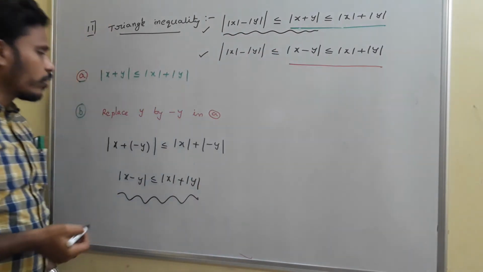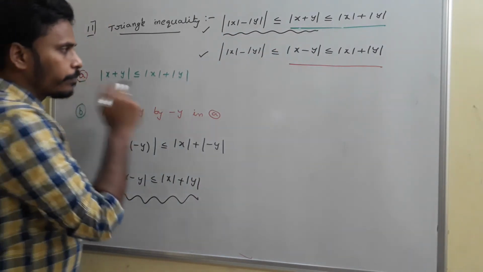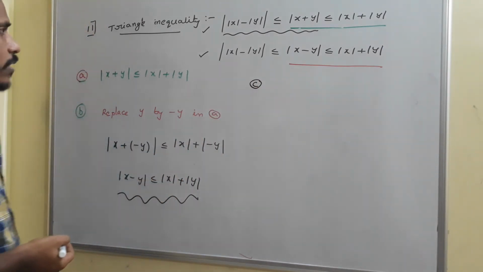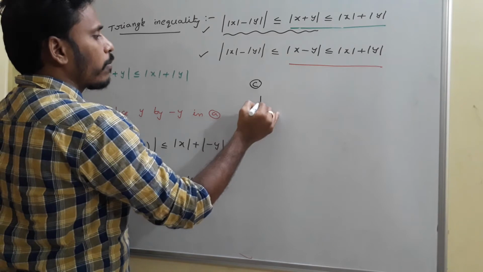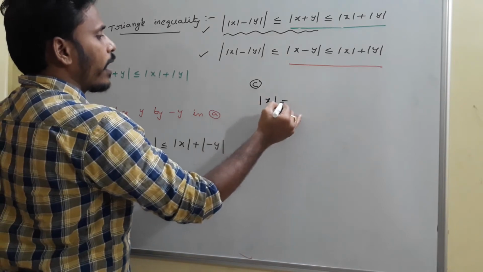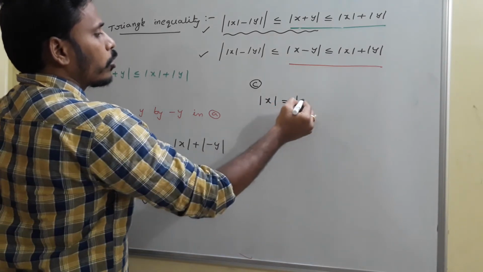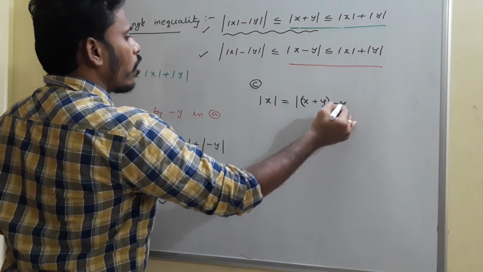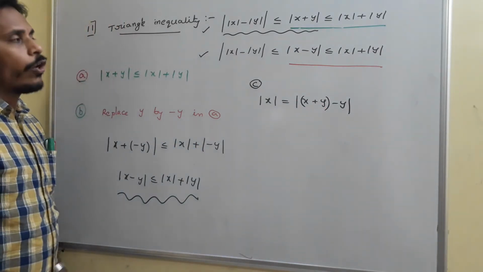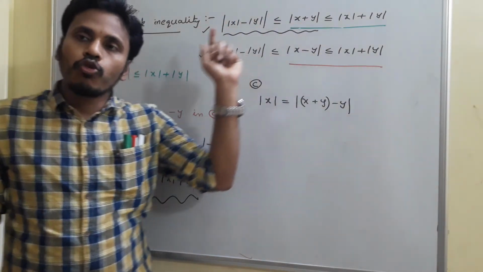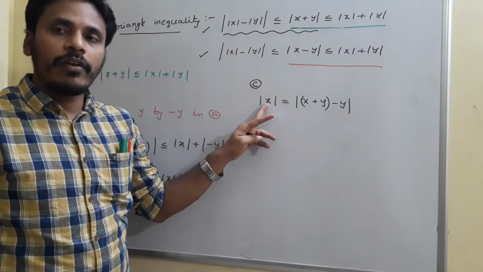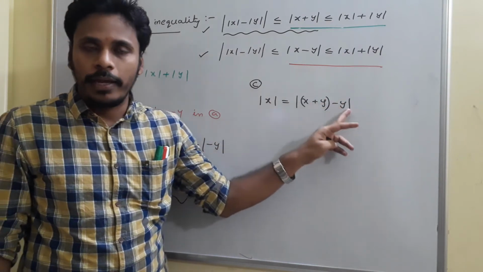Then after this, I am going to prove this part. To prove that, just look at what I am doing. For that c, first of all I will start with mod x. Mod x is equal to modulus of x plus y minus y, I will write. Is there anything wrong? I am going to prove the first part. To prove the first part, you just start your work with modulus of x and rewrite this x as x plus y minus y.